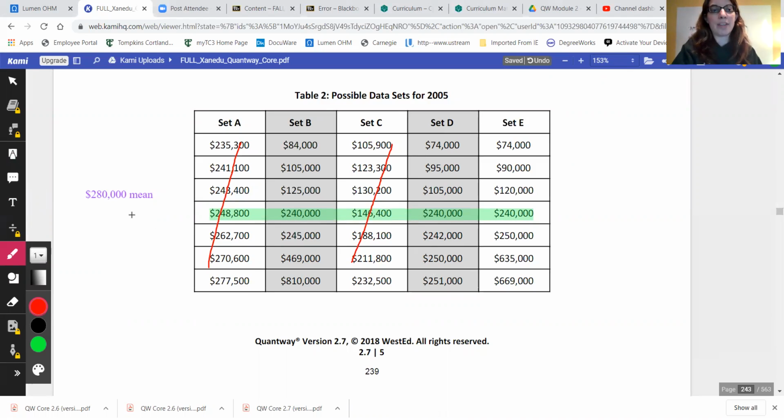So there's no way that my mean can be 280,000. I need some really large values to pull that mean up. This is like saying I got 30s on all my tests and I'm hoping my average is a 50. Okay, it's not going to happen because nothing's that high. So that's why B and E, both, if you look at them, they have some larger values there that are going to pull that mean up.